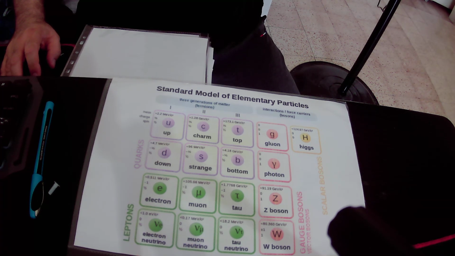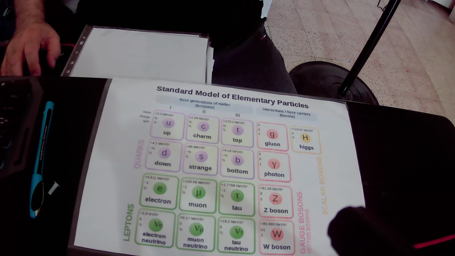And the atom itself consists of electrons that orbit around the center of the atom, and in the center of the atom we have the nucleus that consists of protons and neutrons.